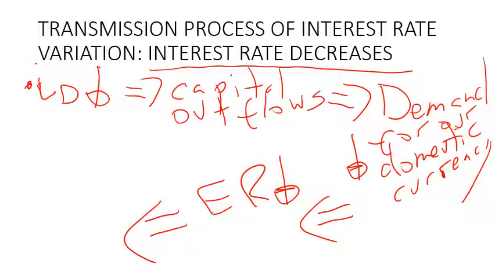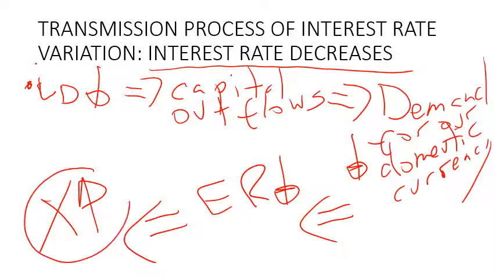And what will that do to exports? Well, our goods and services are more competitive internationally because our exchange rate has fallen. As a result, exports are going to go up. So when interest rates fall, exports have a tendency to increase.